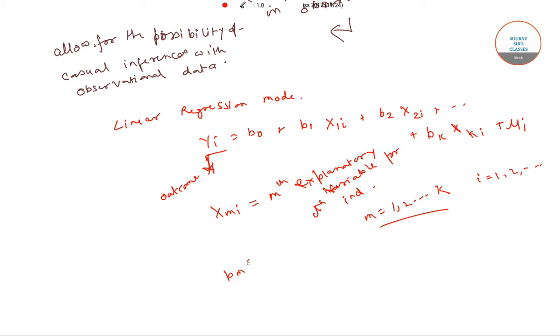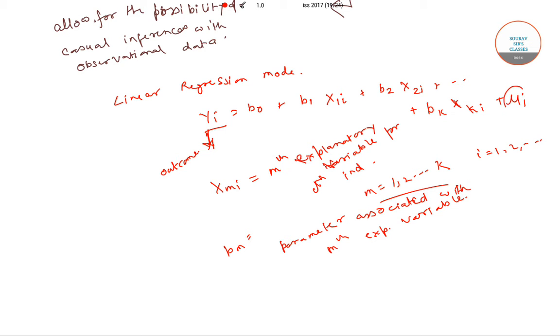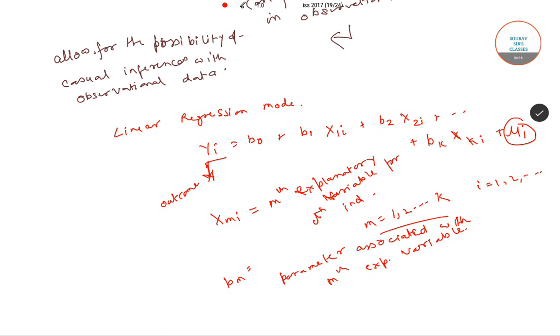Now beta m is the parameter associated with the mth explanatory variable, and this ui is the error term or random error term corresponding to the ith individual.